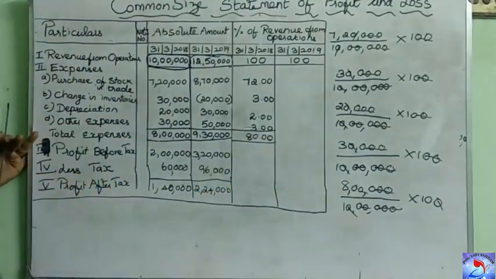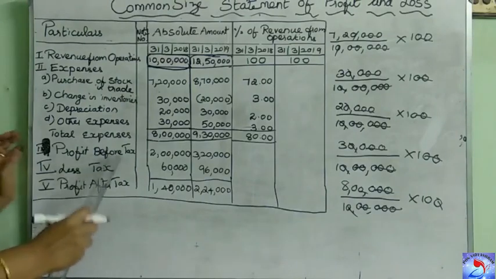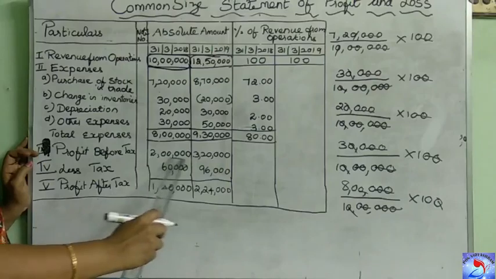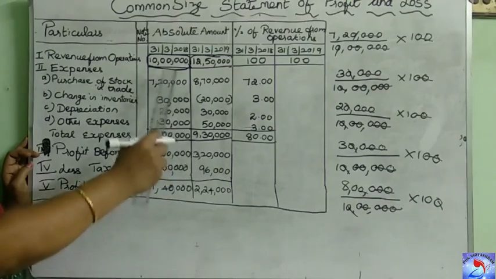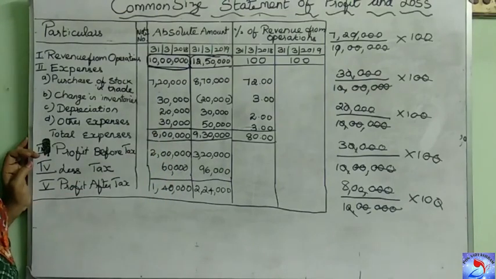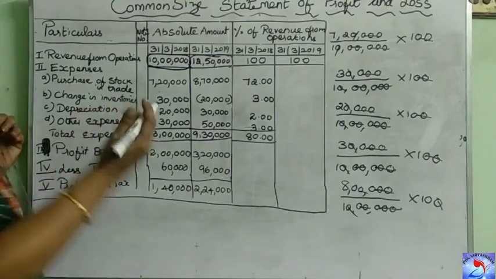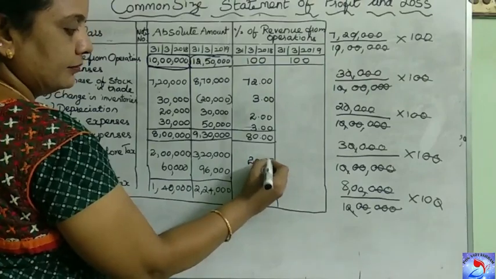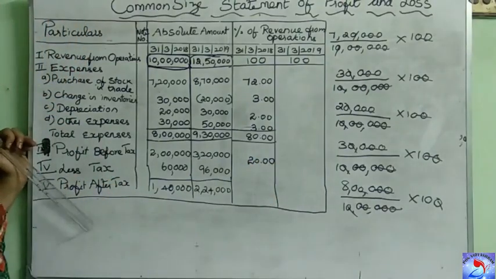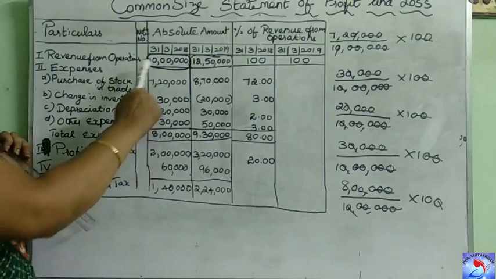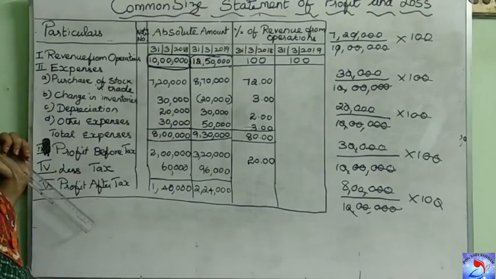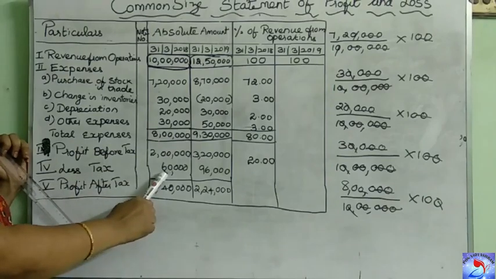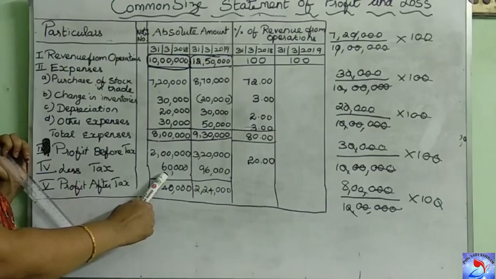Then profit before tax. Profit before tax for 2018 is 2 lakh. 2 lakh divided by 10 lakh into 100 gives 20 as your answer. Please check. Then less tax: tax is 60,000.